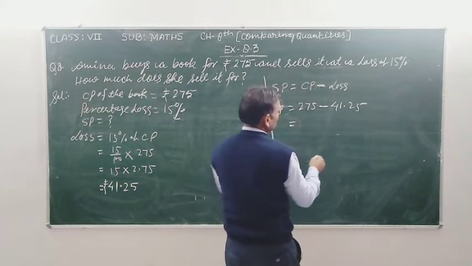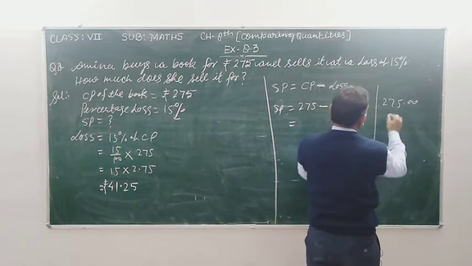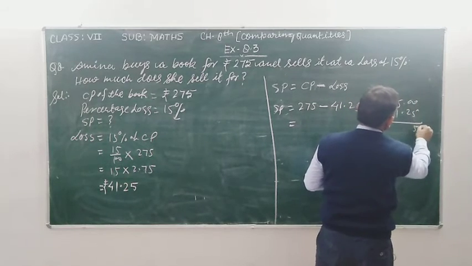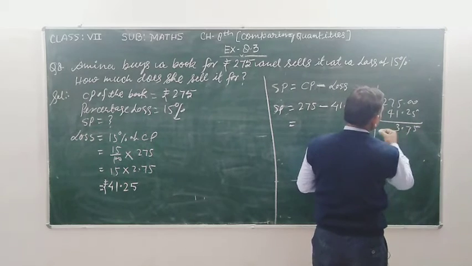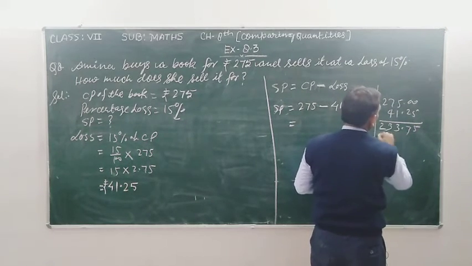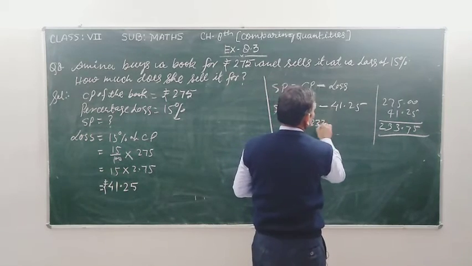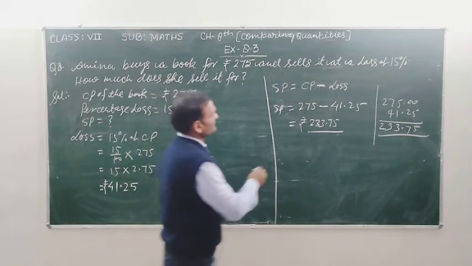Now subtract it, student. 275.00 minus 41.25: 10 minus 5, 5; 9 minus 2, 7; 4 minus 1, 3; 7 minus 4, 3; and 2. That is rupees 233.75. This is my answer.